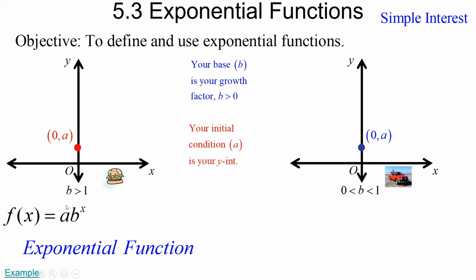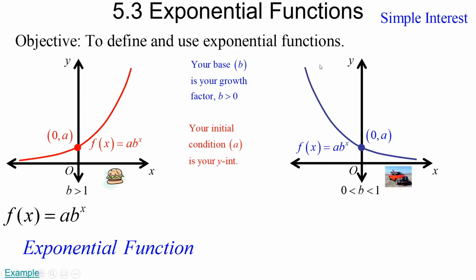But because our growth factor b is greater than 1, here 1.09, we have exponential growth. And over here, what was that again? 0.8, I believe, was my growth factor, which is a number between 0 and 1 exclusive. So that would be exponential decay, which always looks like that. So there's your typical exponential functions right there.